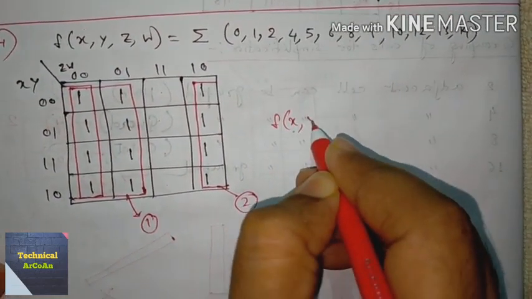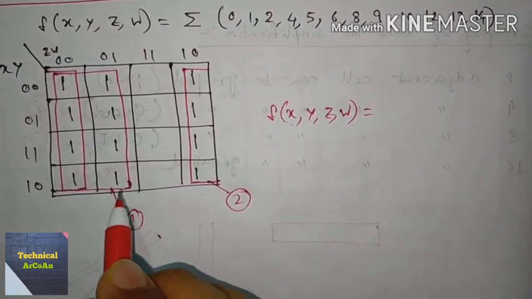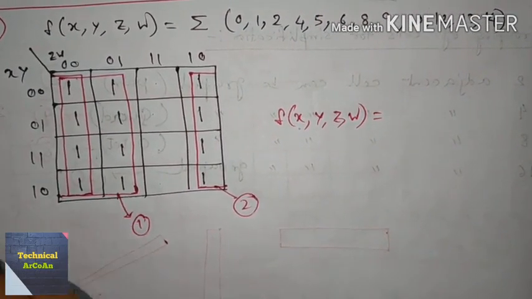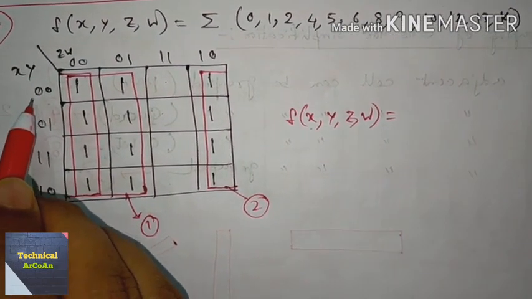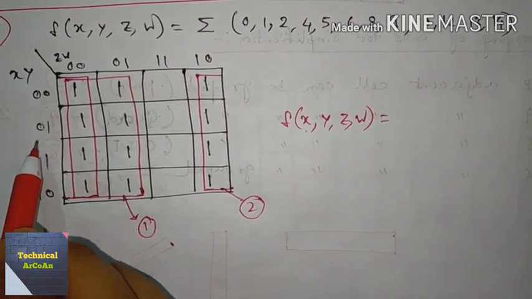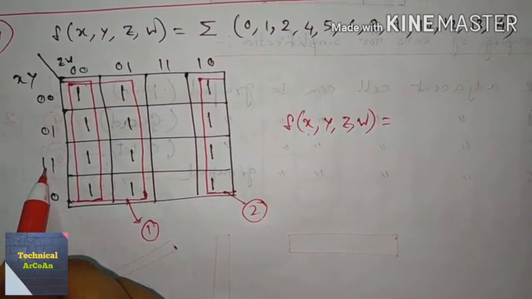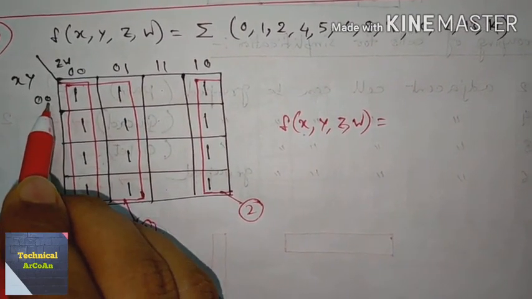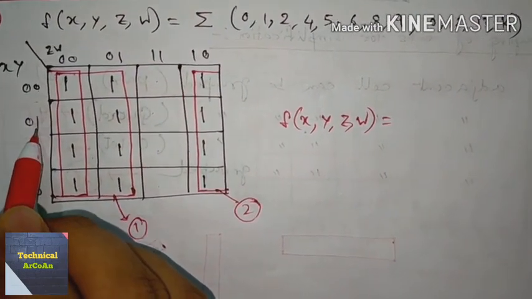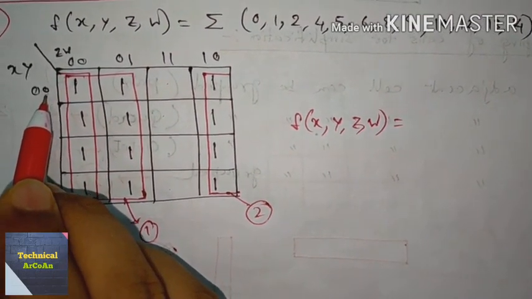Okay, now if I simplify from the Karnaugh map, what will be the result? From the first group, what do we get? We check x: 0 to 0, its value is the same, but after 0 to 1 the value changes, so we don't take x. Now we check y: from the first row to the second row the value of y changes, so we don't take y also.